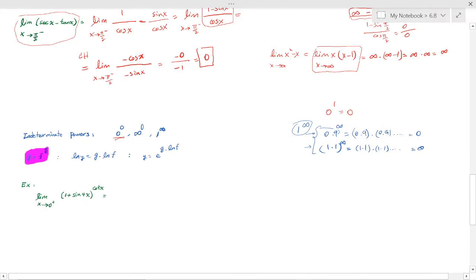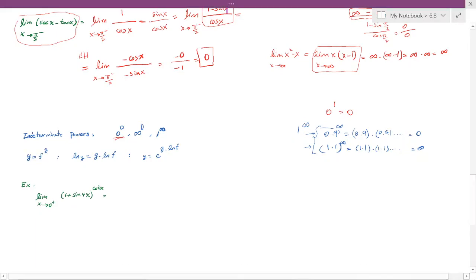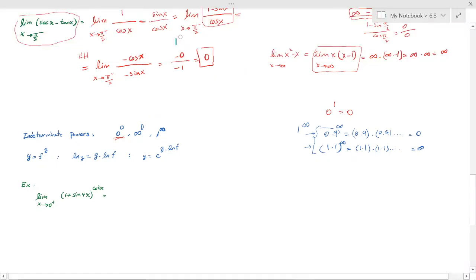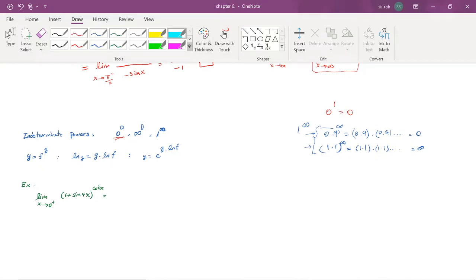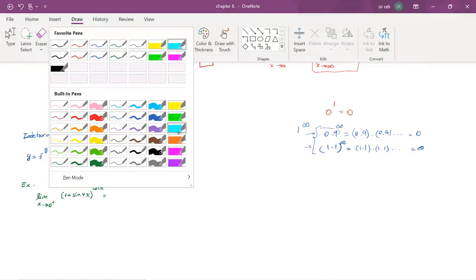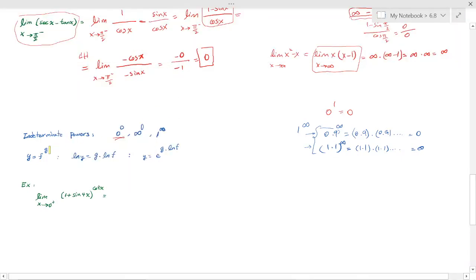We have this function, f to the power g, where the base and the exponent are both functions. And let's assume the limit of this function, f to the power g, approaches one of these indeterminate cases.